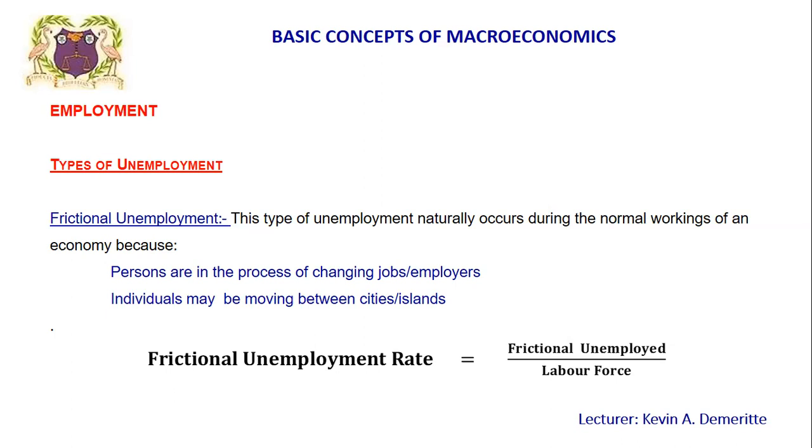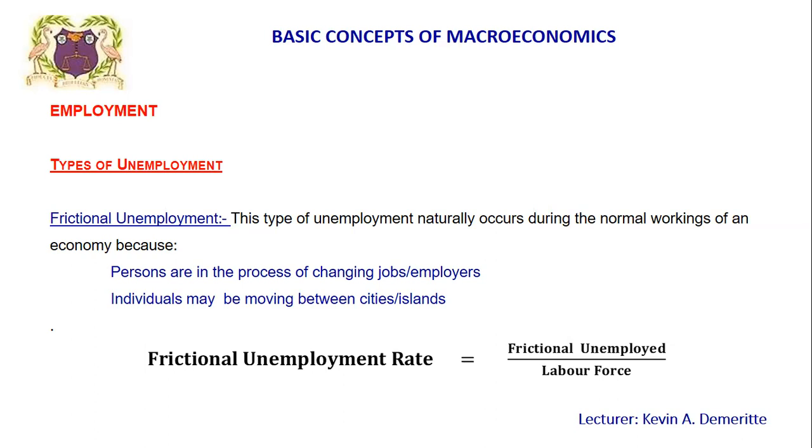People are in the process of changing jobs, but also if you're moving between cities or between islands, say from Nassau to Freeport or Freeport to Nassau, your new employer will give you a period of time to get relocated before you start work. So you've left your old job, but you haven't started your new job yet because they're giving you enough time to get settled, find someplace to live, et cetera. So we don't worry about these people.